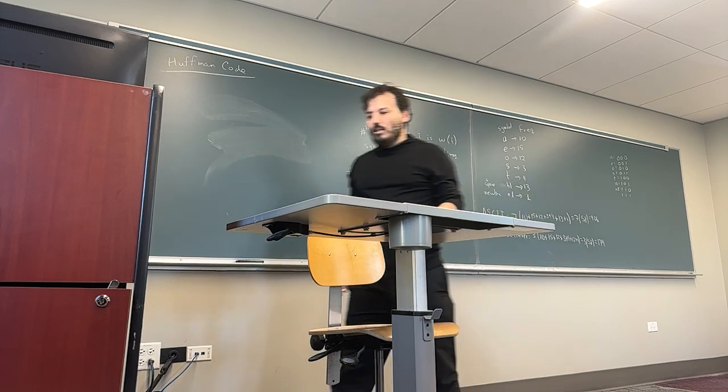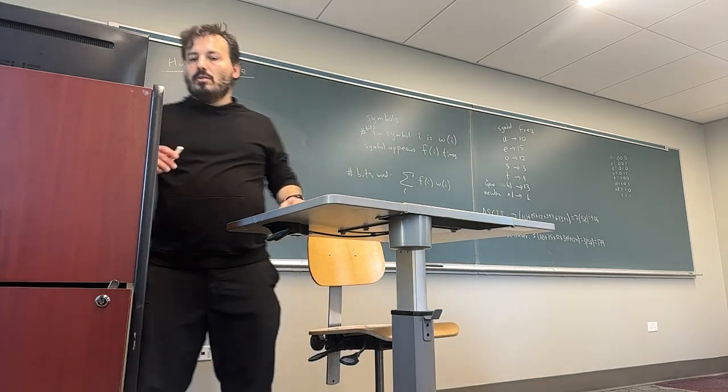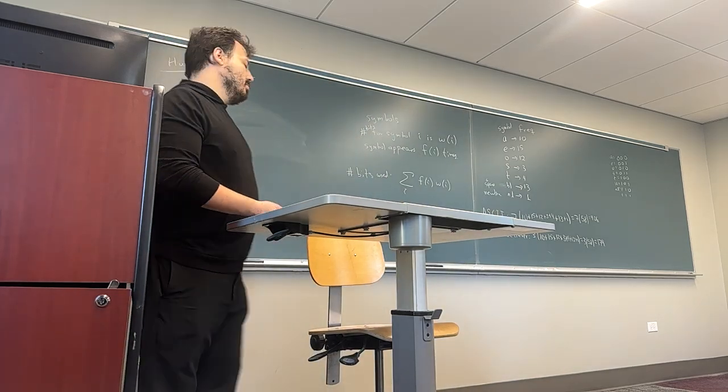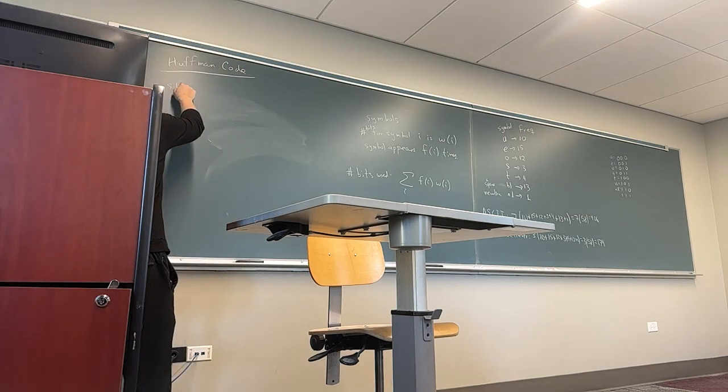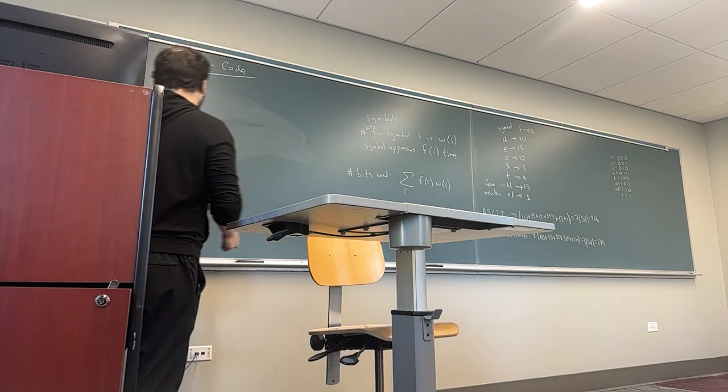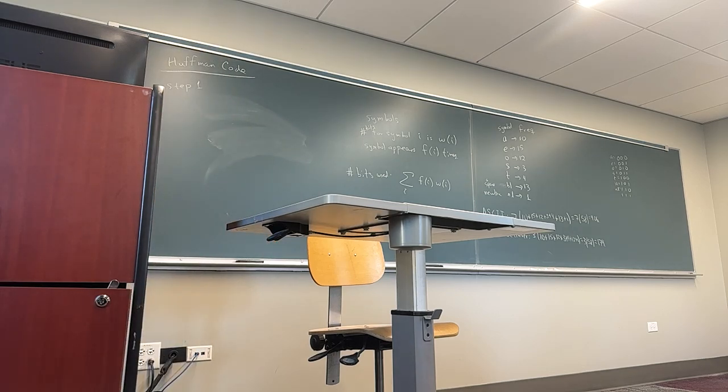For the Huffman code, you need to do two steps. Step 1, you create a tree. You start with the nodes being A, E, and so on, and you keep track of both the letter and its value.